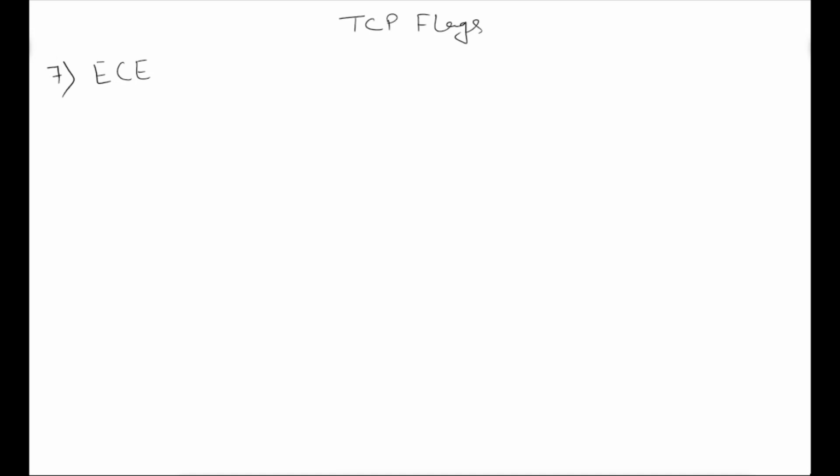If there is congestion in the network, then these flags come into the picture of the traffic. So the first one is the ECE flag. ECE stands for explicit congestion echo.